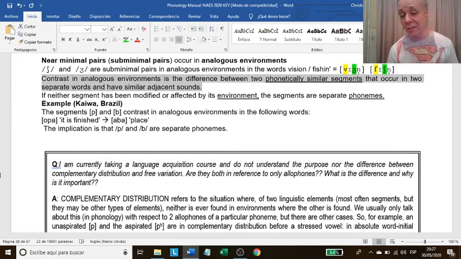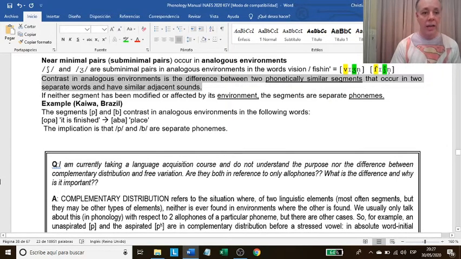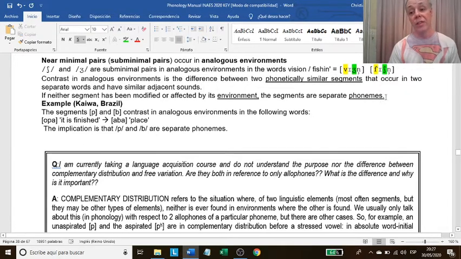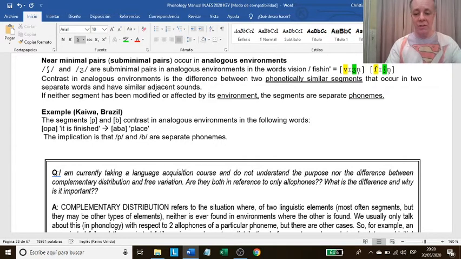The adjacent sounds are I and ng. Okay? If neither segment has been modified or affected by its environment, the segments are separate phonemes. Okay? So the definition says that they are phonemes. But we are not really sure because I don't know if the yellow ones are the ones that change the meaning or if the green ones are the ones that change the meaning.